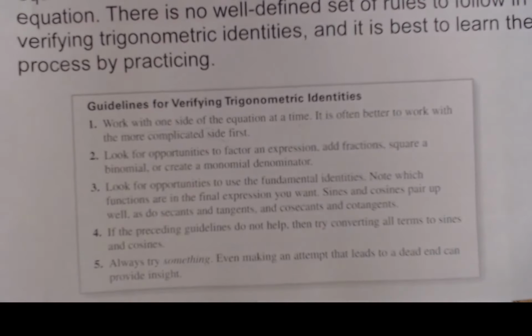And by experience, sometimes there's nothing I can do but write all the trig functions in terms of sine and cosine. Pair them up: sine, cosine; secant, cosecant; tangent, cotangent. Let's see, maybe it will work.